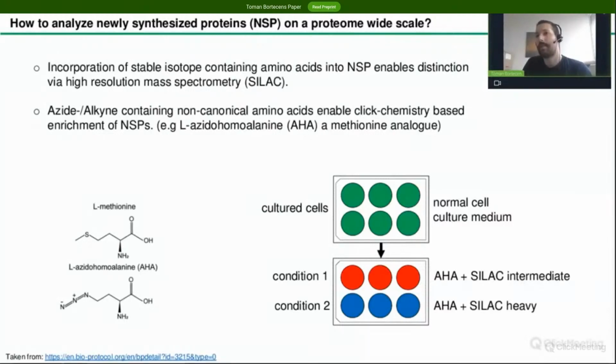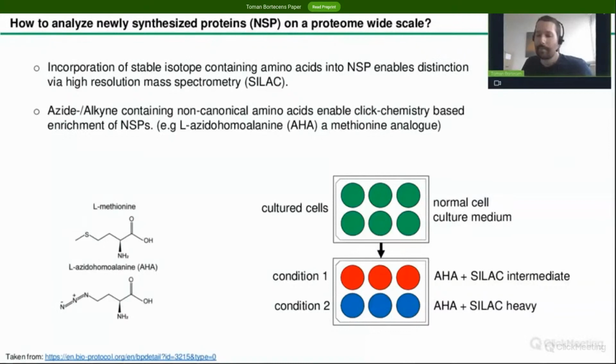In addition to that, we also combine it with labeling using methionine analogs. The most prominent of these is azidohomoalanine, or AHA for short. This non-canonical amino acid is also incorporated into newly synthesized proteins and allows us to perform a click chemistry-based enrichment of the newly synthesized proteins.